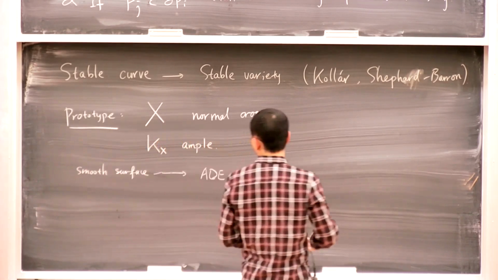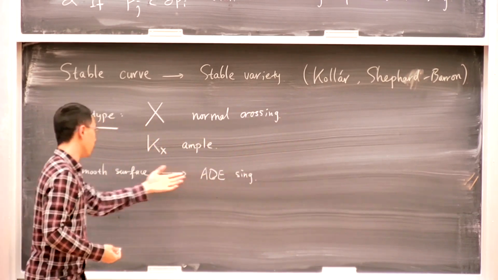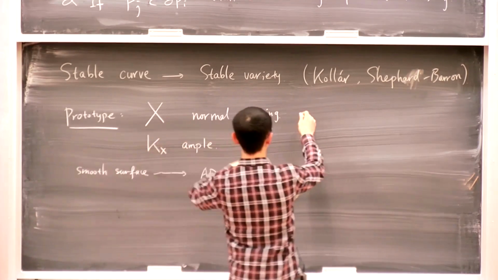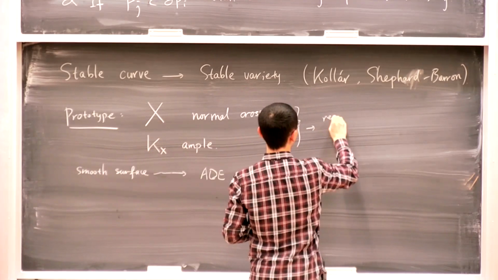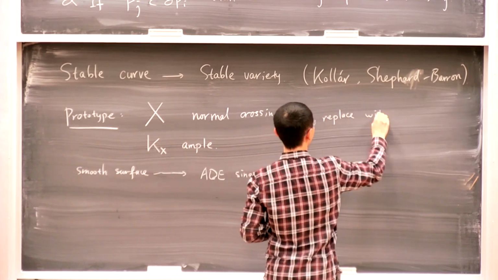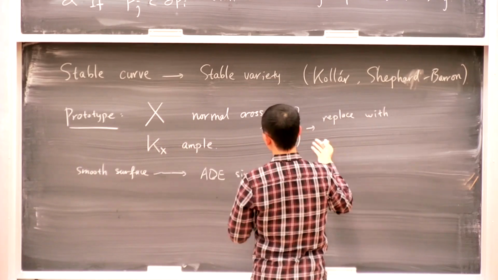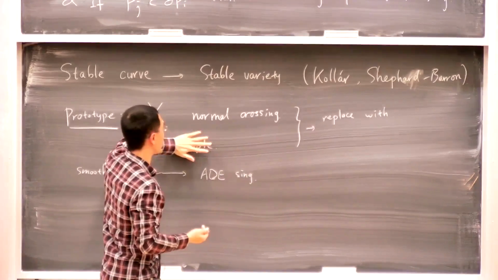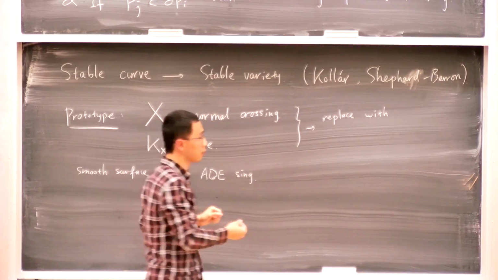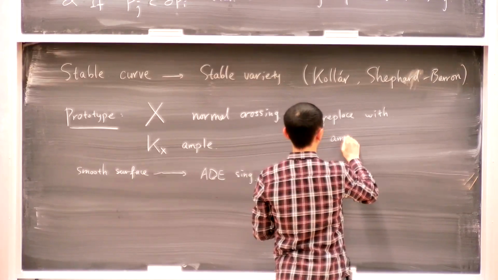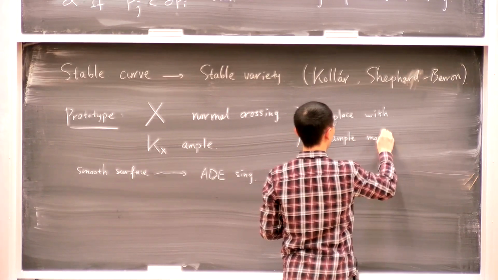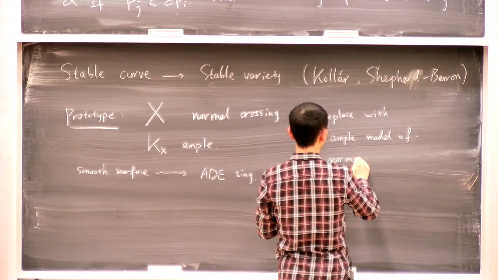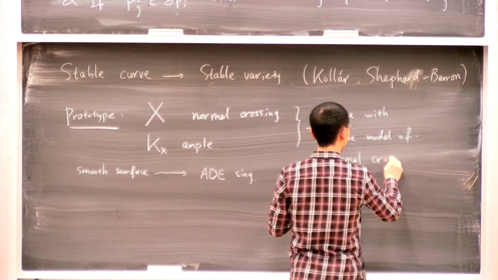So what turns out here is that these are basically canonical models of smooth surfaces. So what you can do for the replacement is to replace this with not varieties with these two conditions, but rather log canonical models of normal crossing varieties. Okay, so we replace with ample models of normal crossing varieties.